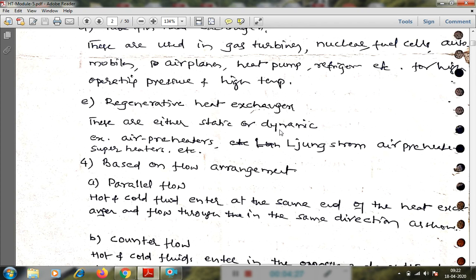Like this, continuously and alternately, hot and cold fluids are supplied to the heat exchanger, where heating and cooling of the element takes place. Thereby the transfer of heat from the hot fluid to the cold fluid takes place, and that is called a regenerative heat exchanger. Air preheaters used in thermal power stations are a regenerative type heat exchanger.